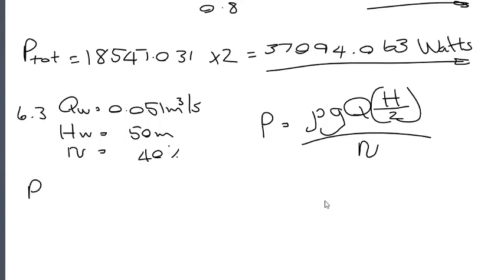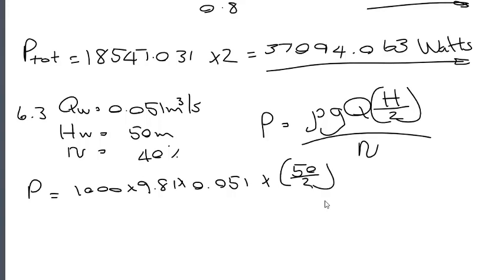So again our power will be 1000 times 9.81 times our Q value of 0.051 times our H value, which is 50, divided by 2, divided by the efficiency, which is 0.4, and we can calculate the answer in watts.